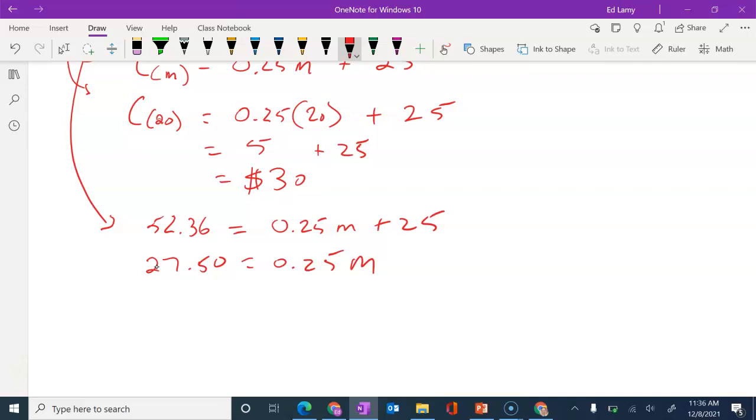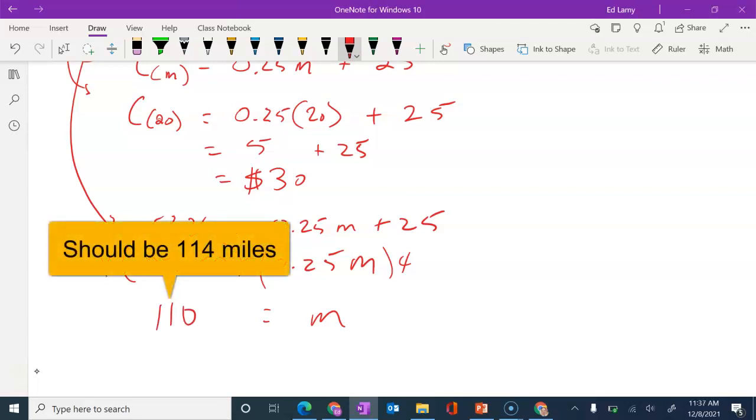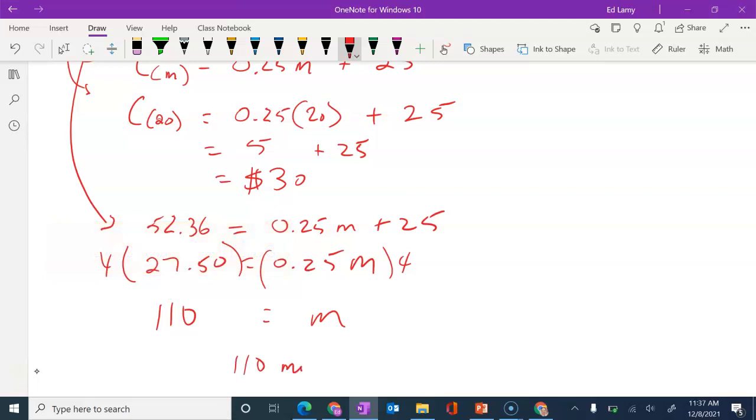If 0.25 is a fourth, I can multiply both sides times 4 to clear the fraction. That isolates M. 27.50 times 4 is 110. So how many miles were driven? Answer the question. 110 miles.